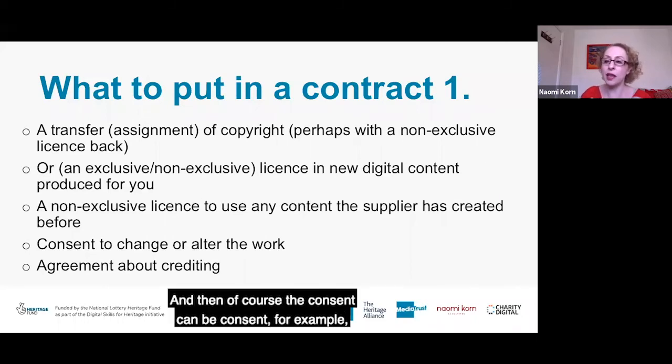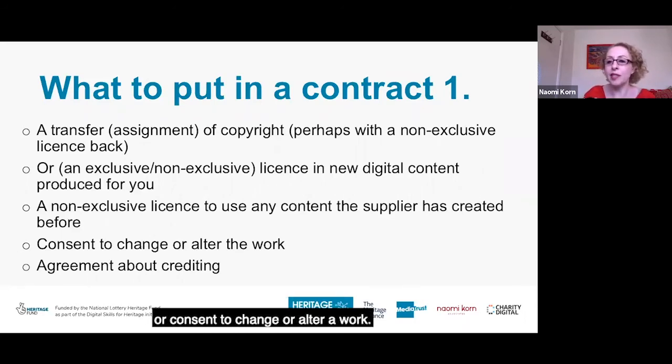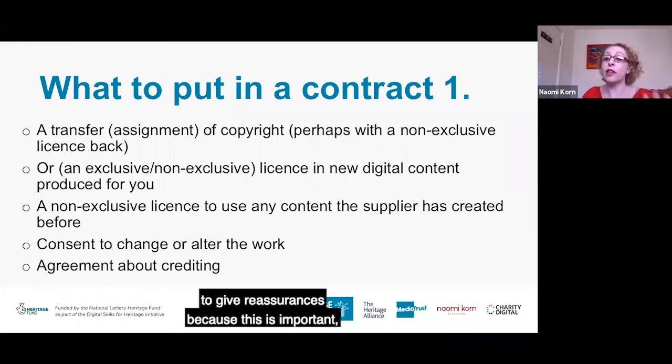And then of course the consent can be consent, for example, to be attributed or credited where reasonably practical, or consent to change or alter a work, and then perhaps the heritage organisation to give reassurances, because this is important, that the work would be treated sensitively. And finally, there is also, I think, in a contract, an intrinsic need to outline how each of you will credit each other.